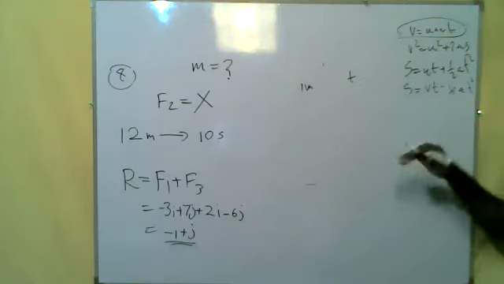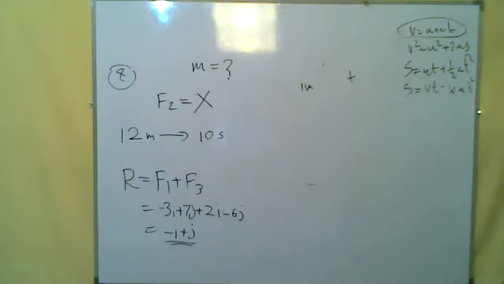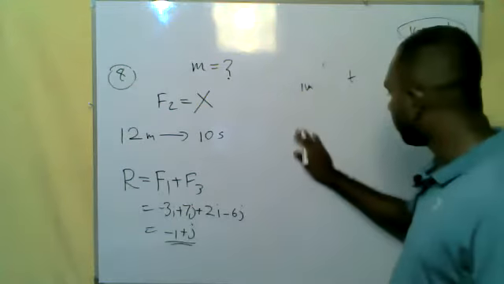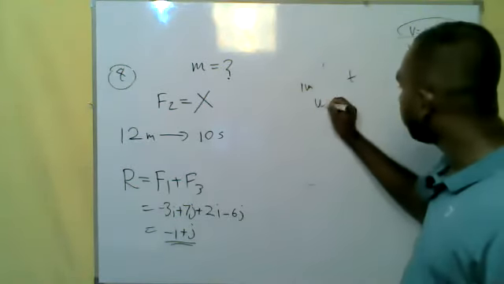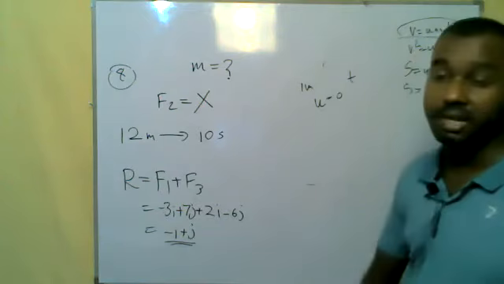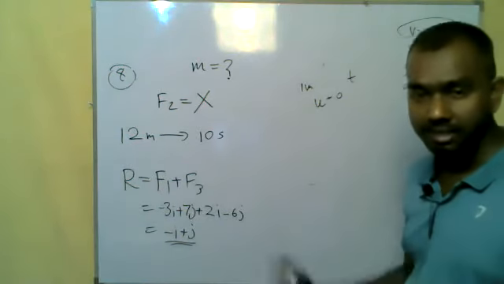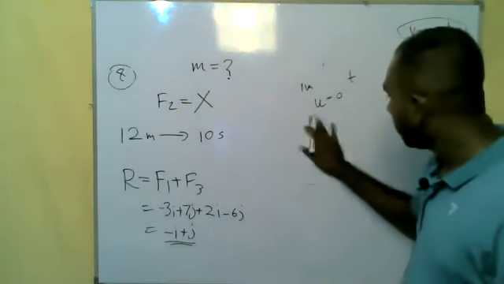That means there should be some other data that they have given us. What is that? The object is at rest and it is moving, no? So the initial velocity we can consider as 0. The initial velocity of the object is 0.